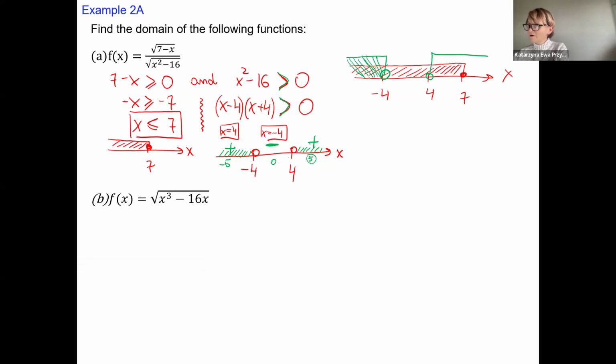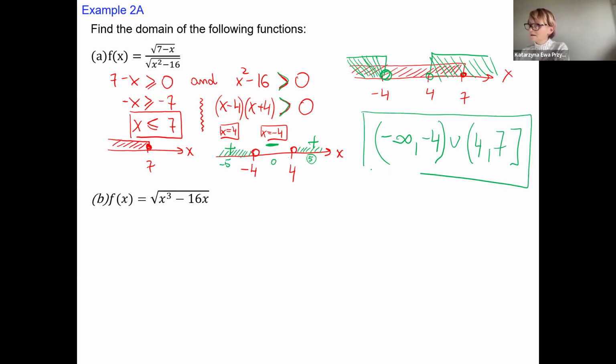That means that wherever we overlapped, that's the combined solution. We can accept all of the numbers from negative infinity to negative 4, not including, parentheses, union, and from 4 up to 7, including 7. This is the domain. Such a simple question, but the solution is, yeah.